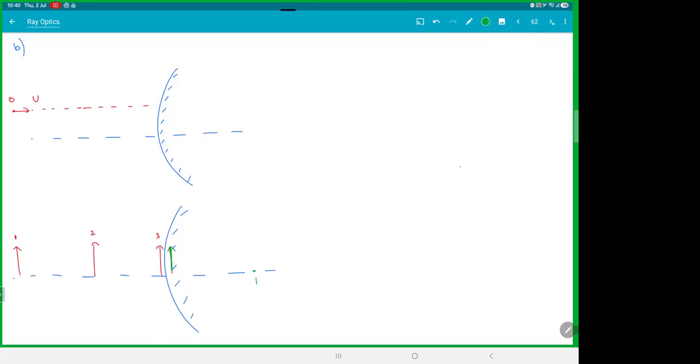This will be the focus. And this will be somewhere here. So the image will be like this, everyone. It will be going down like this. Got it? It will start at the focus and then the path would look something of this sort.